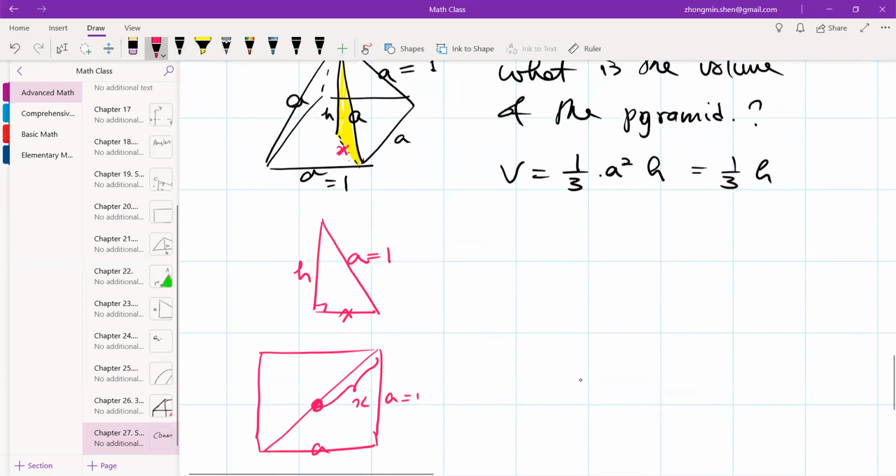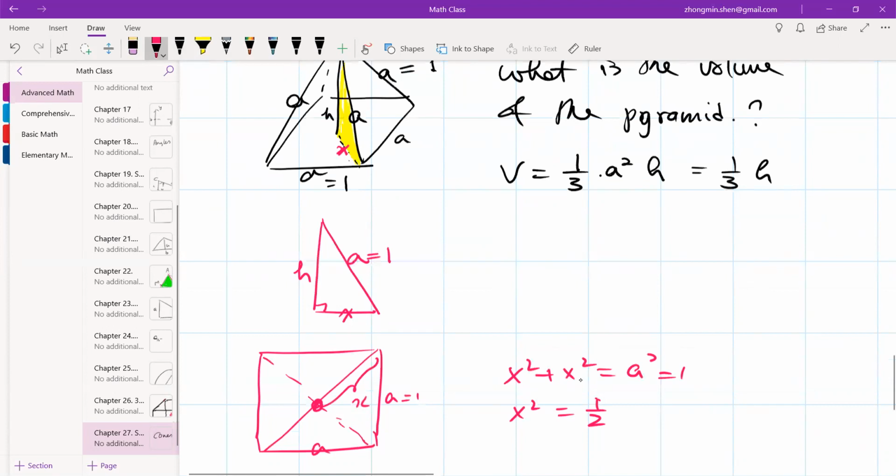You have to draw the picture, right? X is the distance from the center to the vertex of the square. So what is X? X squared plus X squared equals A squared, so X squared is going to be 1/2. You don't need to find X, just put X squared there.